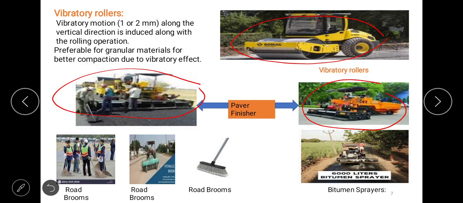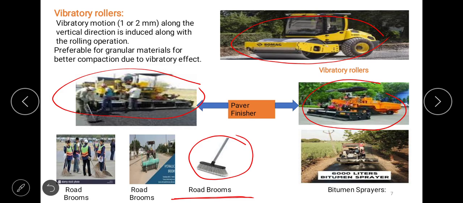Then road brooms, different types of brooms. Road brooms, even it can be machinery or mechanical. Here it is hand one. The gang, what you call, in case of cement concrete pavement or bituminous concrete pavement or bituminous type roads are constructed, a number of laborers who are involved in the construction work, they are known as gang.